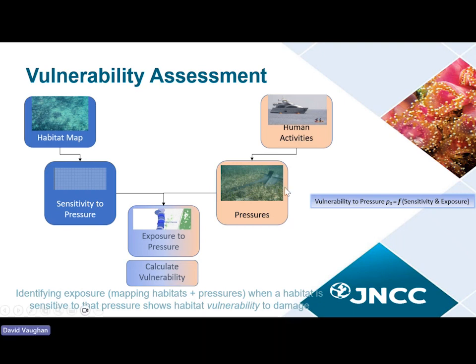You would need a full, and I think those who saw Johnny's matrices yesterday, we have a big matrix of activities, a slightly smaller one on pressures, but still a fair number. Each one of those pressures would then need to be looked at against each habitat. And to be more certain, you'd be looking at more habitats.